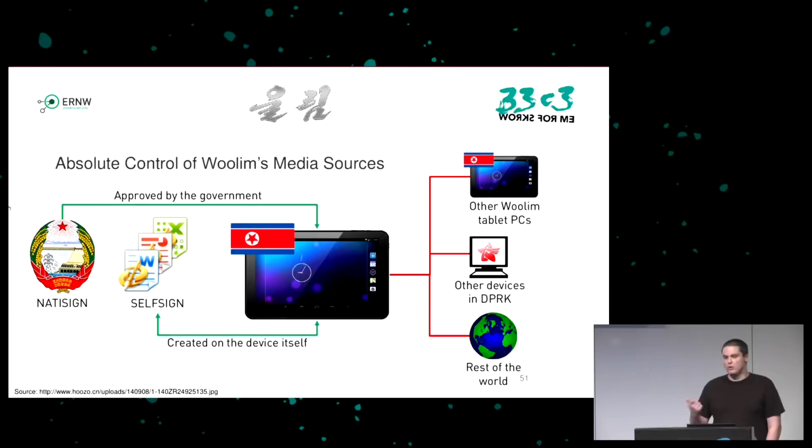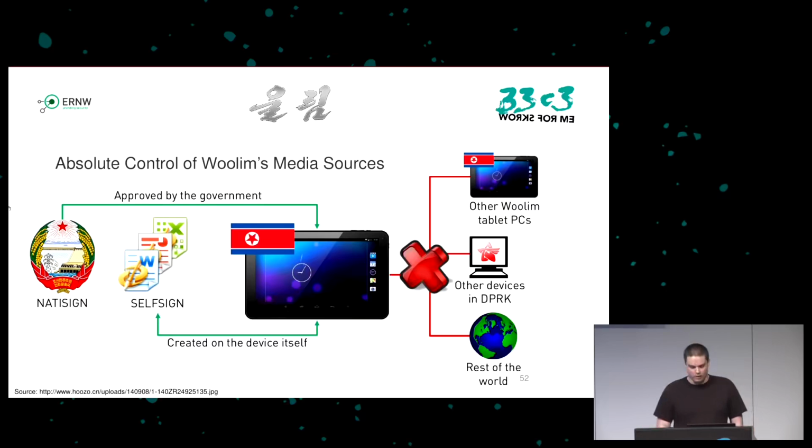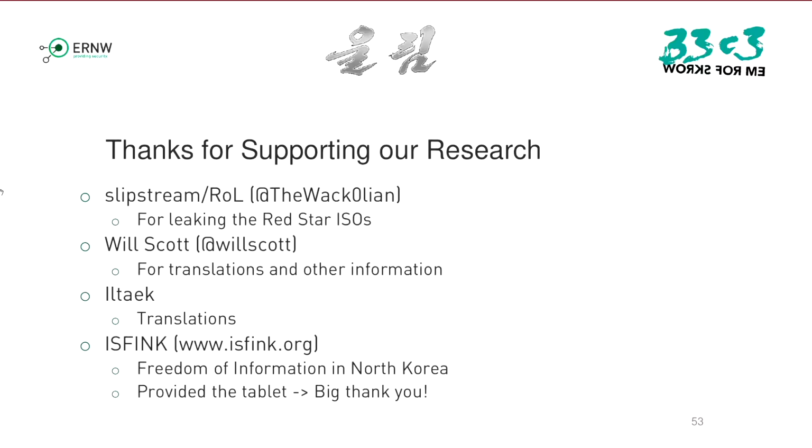If you would want to put books or Wikipedia articles on removable media and try to import it to the DPRK, then you would not be able to open those with one of those Woolim tablets. So all of the outside sources are basically not usable by the tablet.